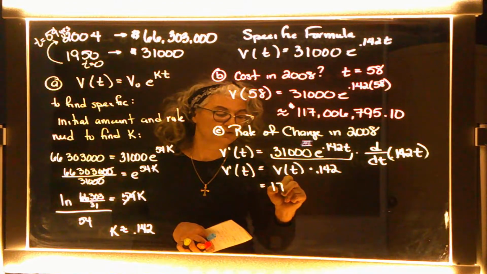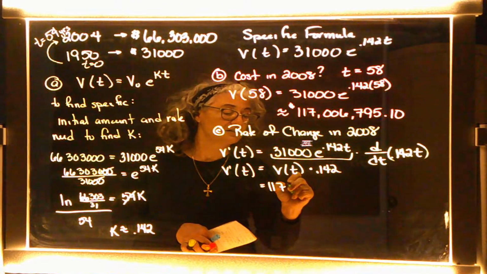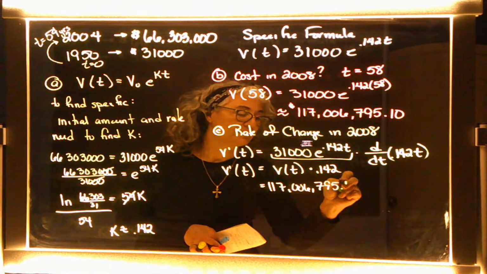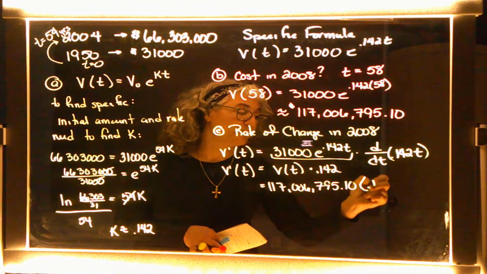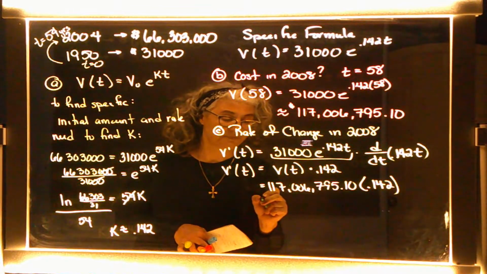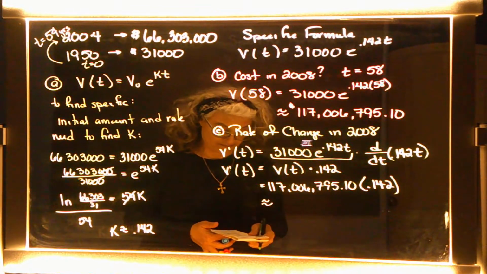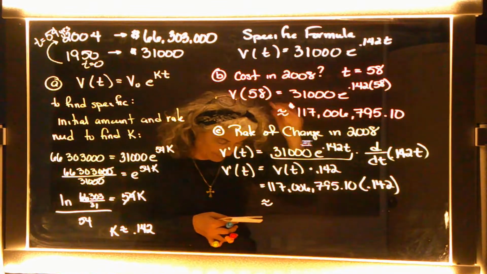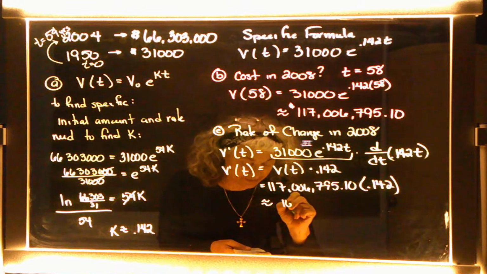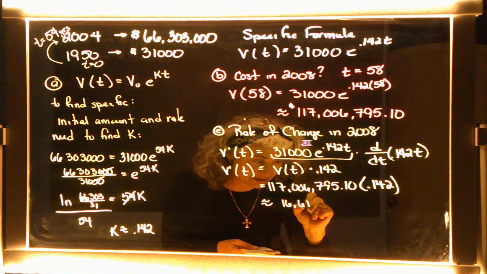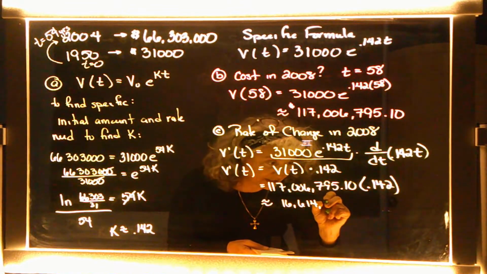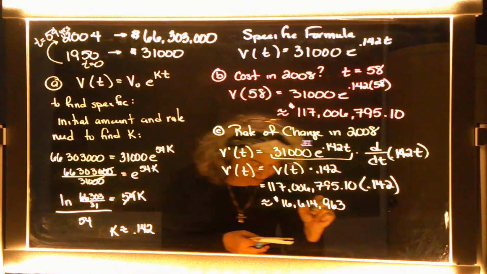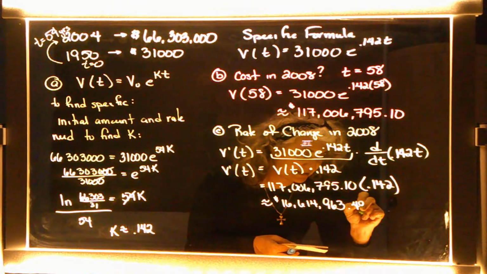So if you take that $117,695.10 and you multiply by the 0.142, I got, we'll see what you get, but this is what I got. I got that we have $16,614,963 because it's still a value, and 49 cents.